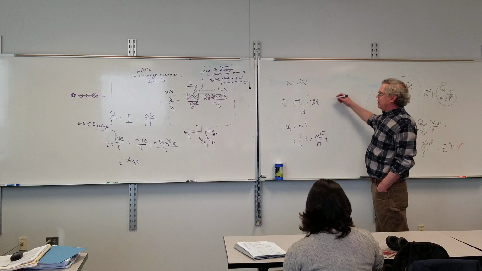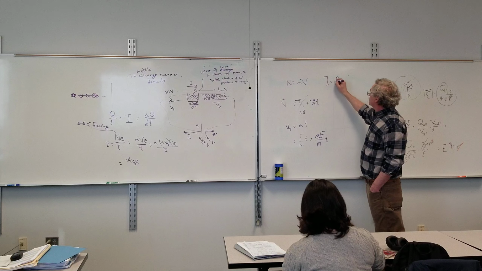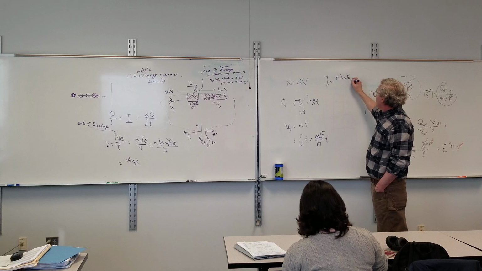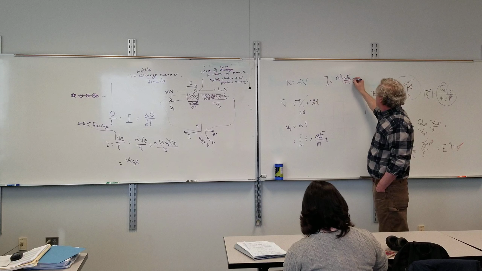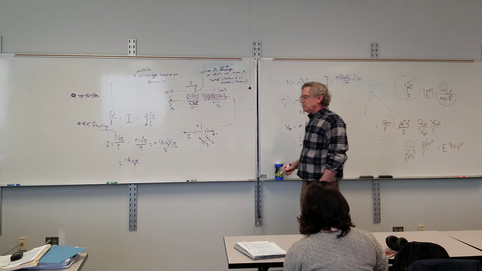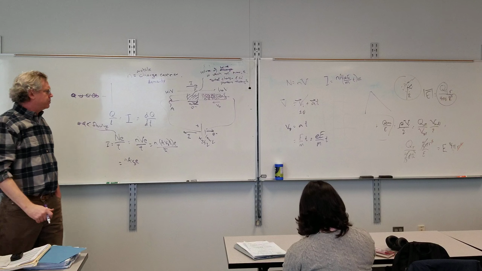And so popping it in over there, we get in my current, a little e, big E over m t, times little e. Oh, I do have to make one small adjustment here.